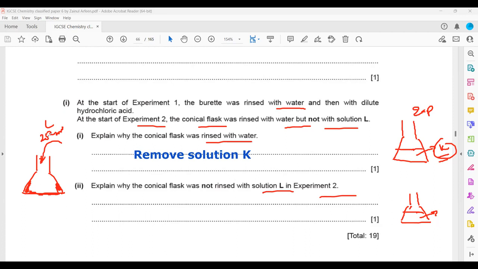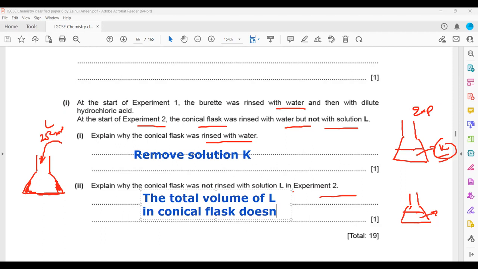So that's why the conical flask is not rinsed with L. So the reason is that the total volume of L in the conical flask does not change.